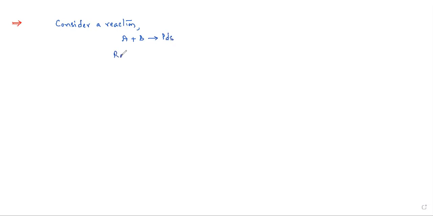Say for this reaction, rate can be given as K into A into B. The same rate can of course be written as Z into F into P. What is this Z? Z refers to collision frequency.